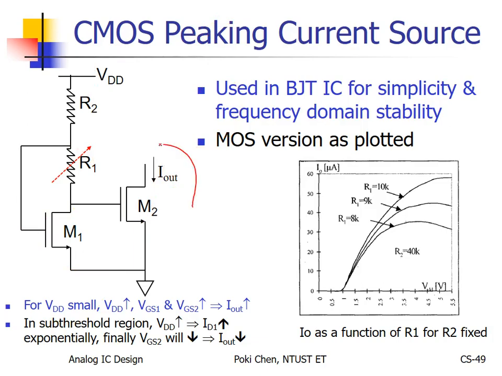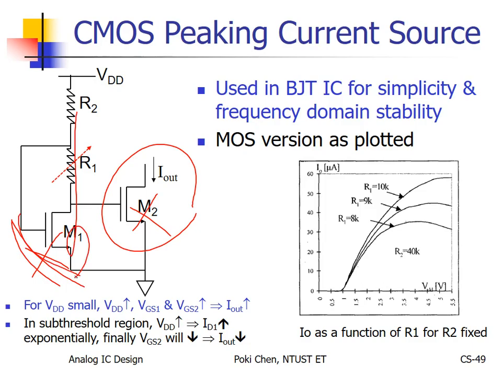The current for your I out, from the beginning, zero, right? And after you get enough voltage here, it will conduct some current. So after some time, it will accumulate good enough voltage to turn on M2. But as I told you already, the current will be increased exponentially, right?